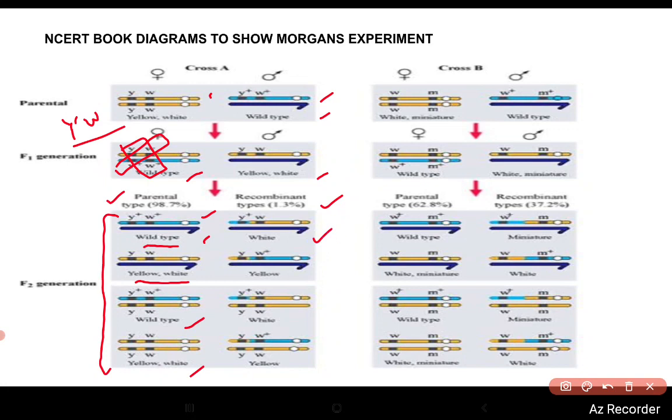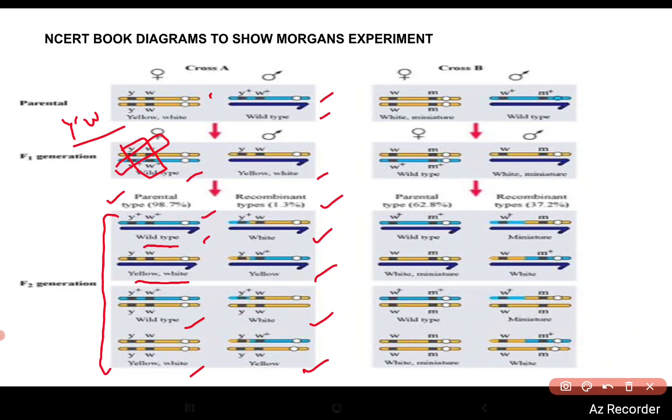Then the next combination is yellow colored body with a red eye. Then brown colored body with white eyes. Then yellow colored body with red eyes. So recombinants are 1.3%.